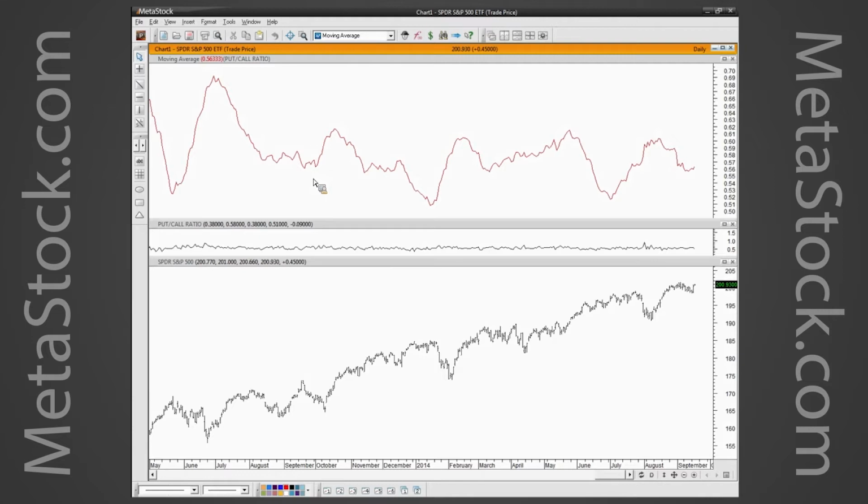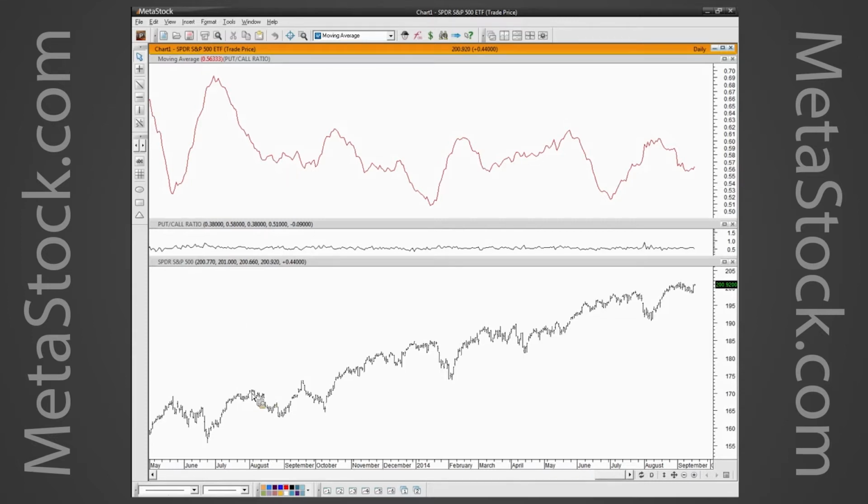So looking at this, we can see, if we go right here to this peak in the moving average of the put-call ratio, and I look down here, we can see that there's kind of a market bottom there. And then if we come down here to this bottoming out area, we notice there's the market topping out.